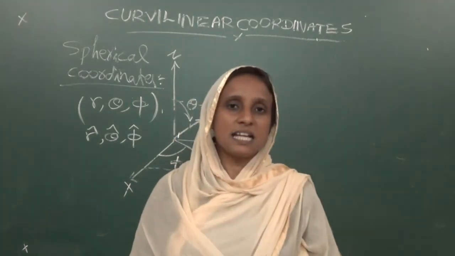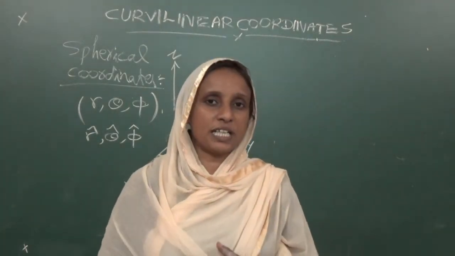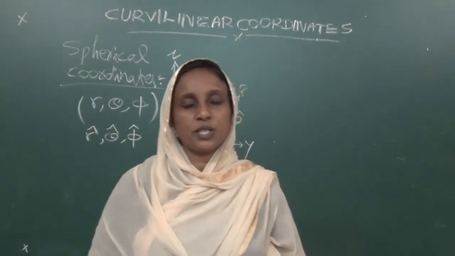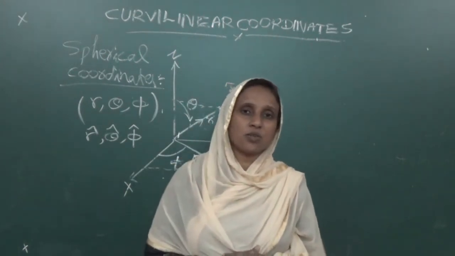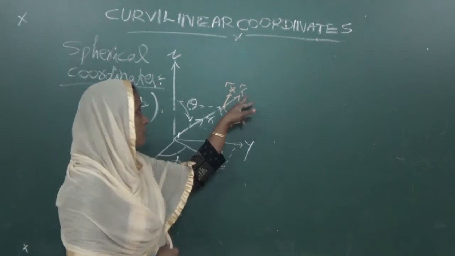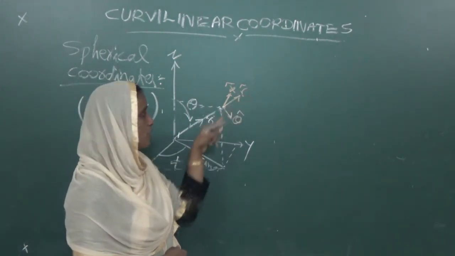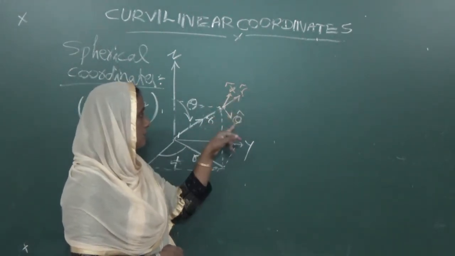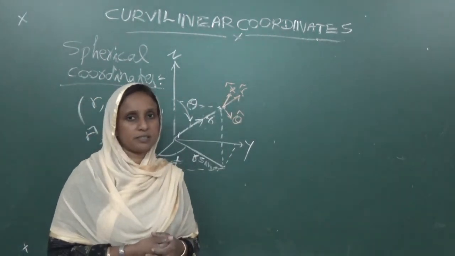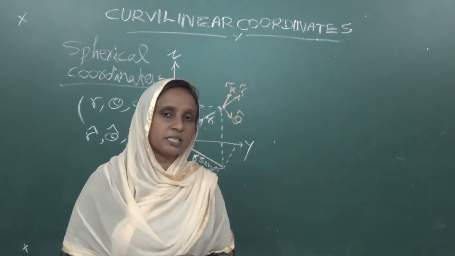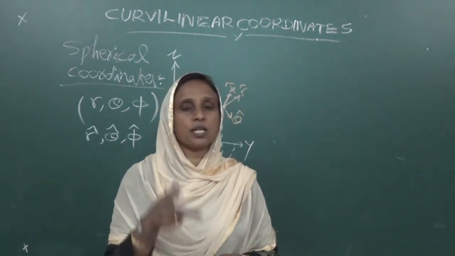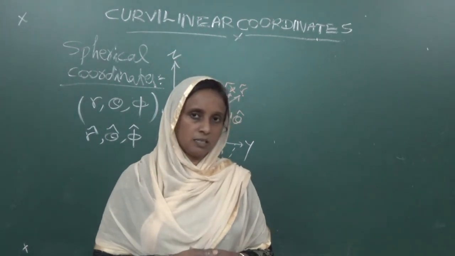Now we can express the unit vectors or basis vectors of spherical polar coordinates using basis vectors of the Cartesian system. These are the basis vectors of the spherical polar system: r cap, theta cap and phi cap, mutually perpendicular vectors. Similarly, in the Cartesian system, x cap, y cap and z cap are mutually perpendicular vectors.